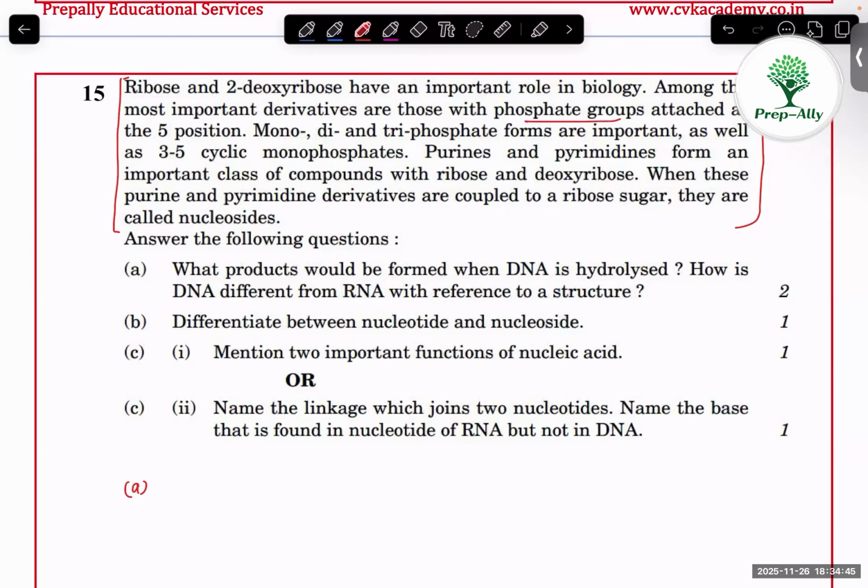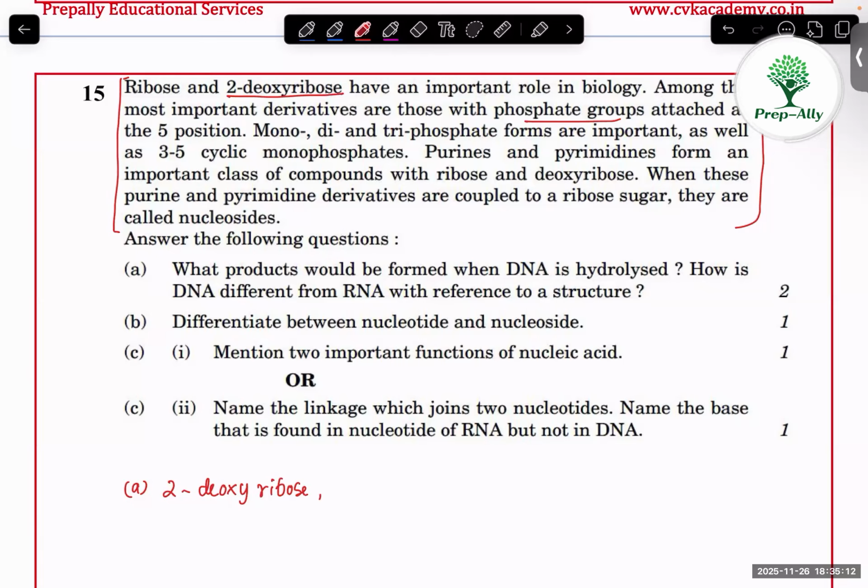That is completely incorrect. So basically, when DNA is hydrolyzed, it will form 2-deoxyribose. The only difference is that in the case of RNA, you will be getting ribose sugar, and here you will be getting 2-deoxyribose. That is already given in the paragraph, but mostly it won't be there, but here it is in the paragraph if you are confused about that.